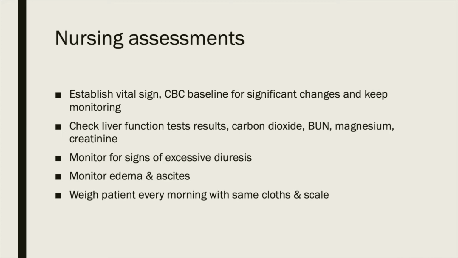We also have to assess for edema and ascites. On ambulatory patients, you can check the legs, and for patients who are on bed rest, you can check the sacral area, but also generally the patient's body has to be assessed for any signs of edema and ascites.